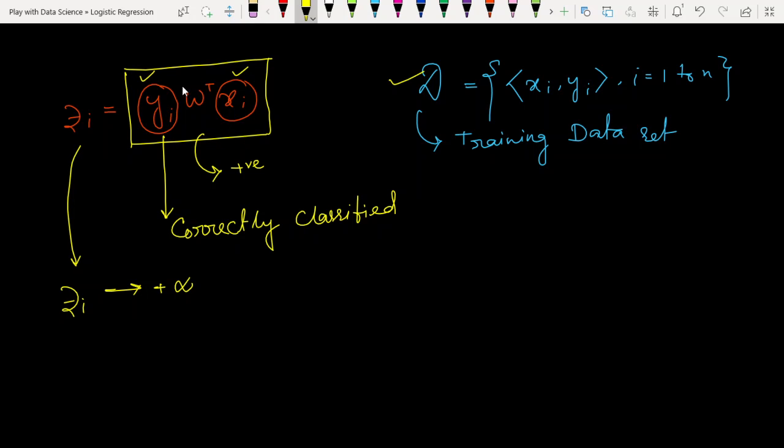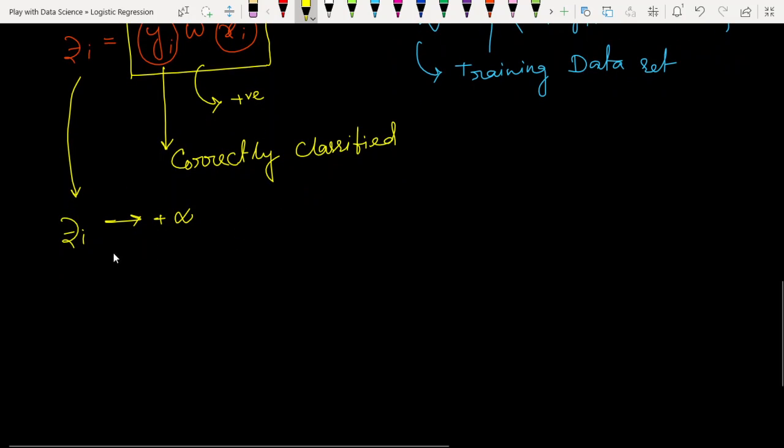The only variable here is w. So we have to modify w in such a way that zi tends to plus infinity.